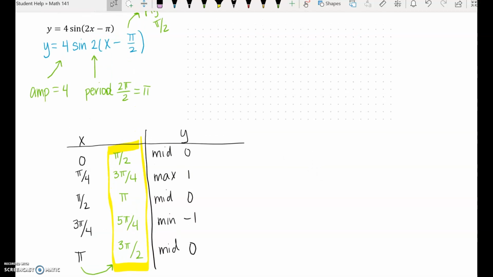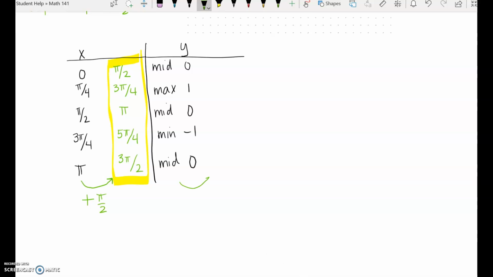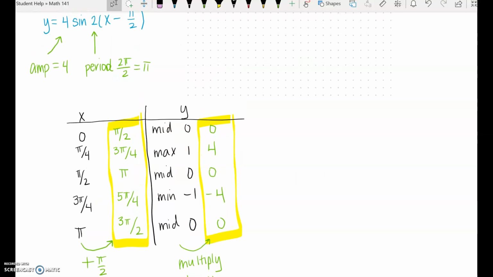But we have the amplitude to consider. So we will multiply each of those values by 4. So all of the zeros stay at 0. The 1 will shift to a 4, and the -1 changes to a -4. So these are the y values that we're going to be plotting.